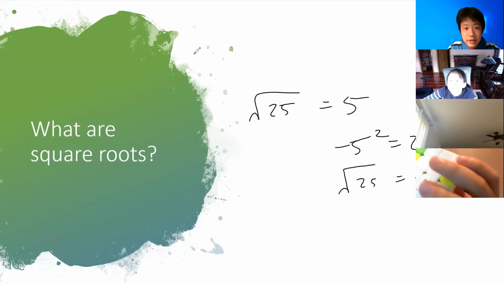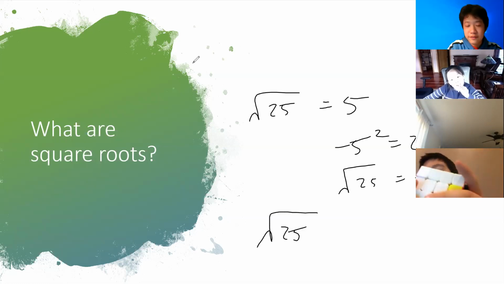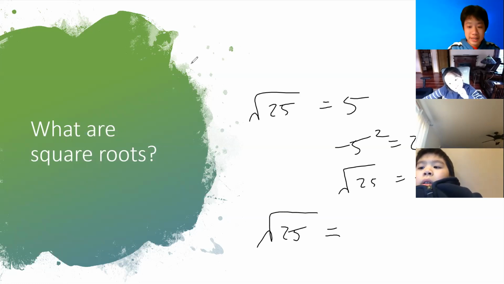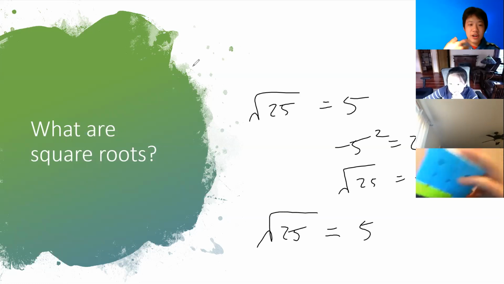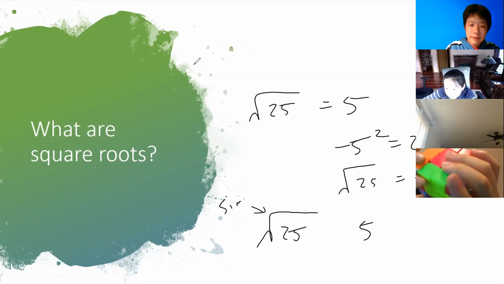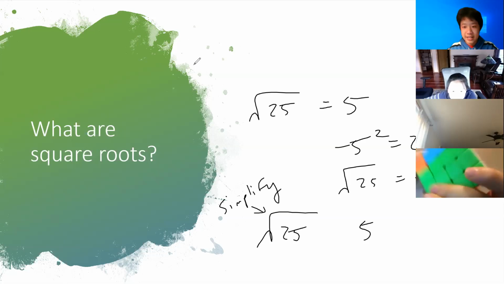So actually, for expressions like these, if I wanted to ask you, hey, simplify the square root of 25, mathematicians from a long time ago made up this really dumb rule that you will only give the positive result, okay, for expressions. So expressions are things in which there's no equal sign. So if I asked you, hey, simplify it, simplifying expressions, we only give the positive answer. We don't give the negative answer.